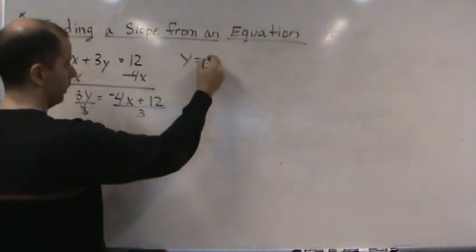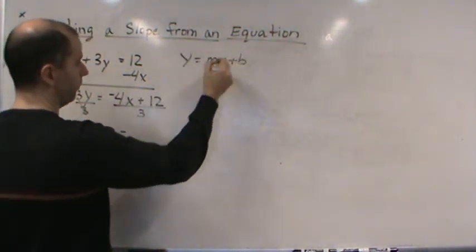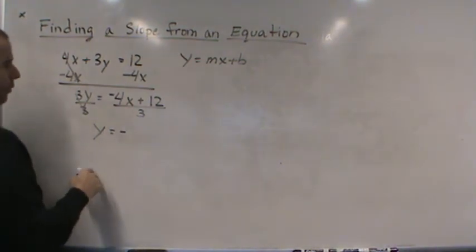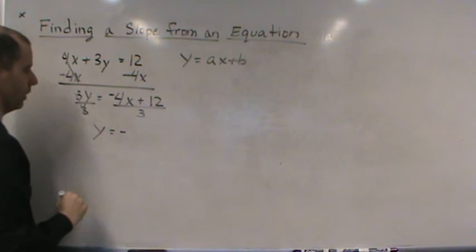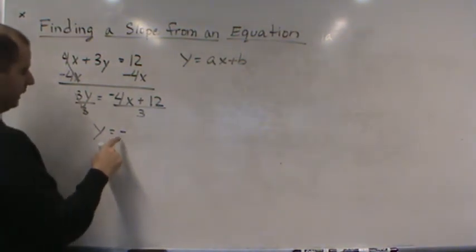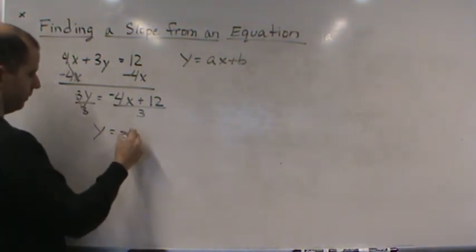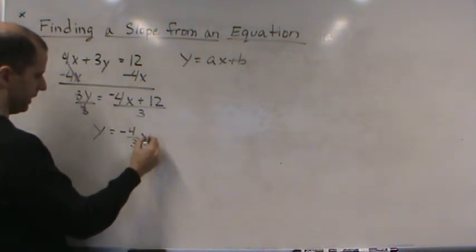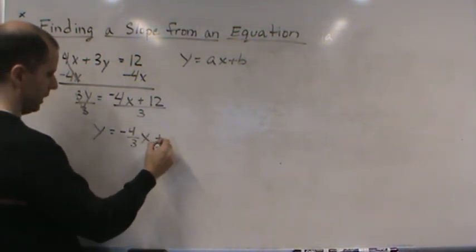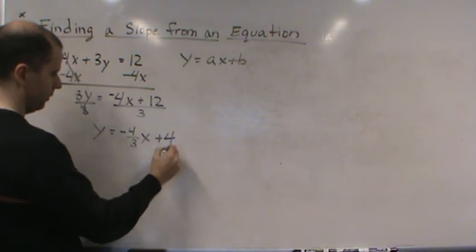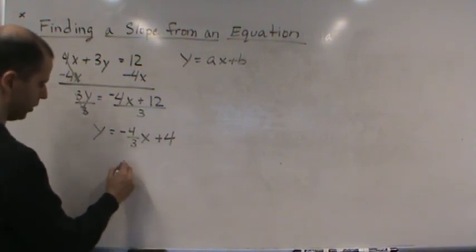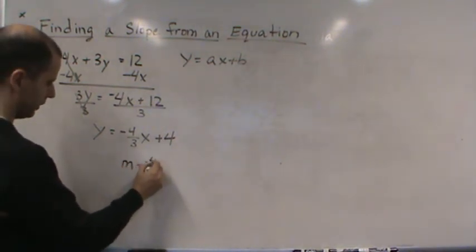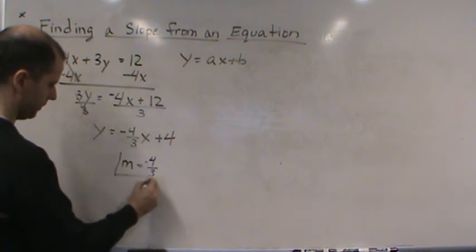So I want it in this form, okay? So now it's going to be negative 4/3 x plus 4. And that's it. So now I know that the slope is negative 4/3.